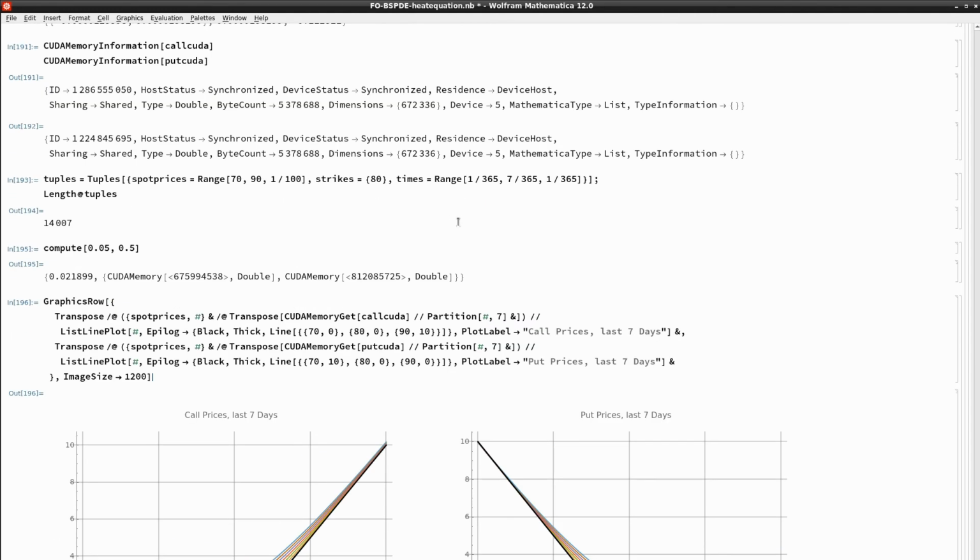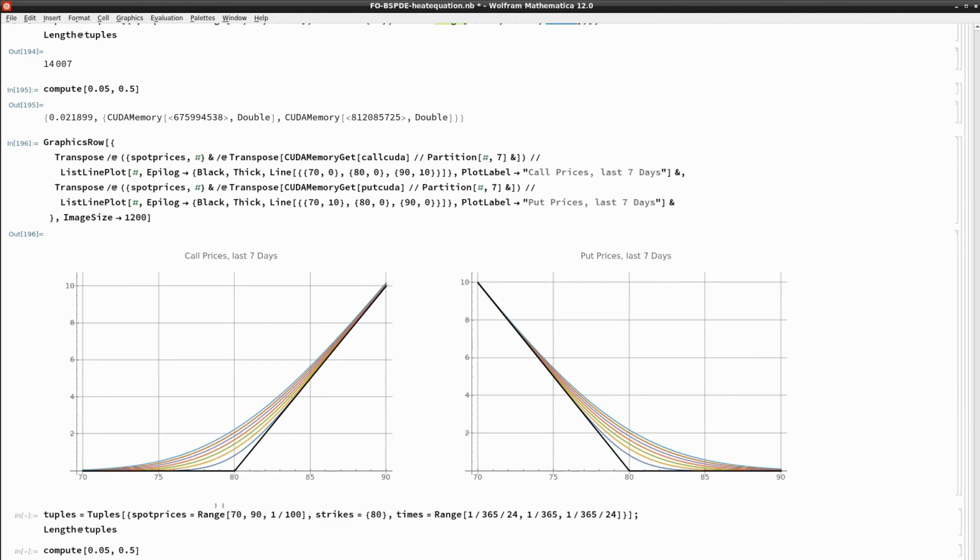So here with this one, we're looking at 1 day to 7 days before expiration in steps of 1 day. And we are getting these 8 curves here, right? We have 7 colored curves, and we have the black curve that is the payout profile or intrinsic value.